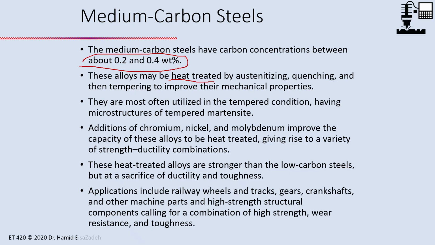Some of the alloying elements in the medium carbon steel are chromium, nickel, and molybdenum, which increase the capacity of these alloys to be heat treated.